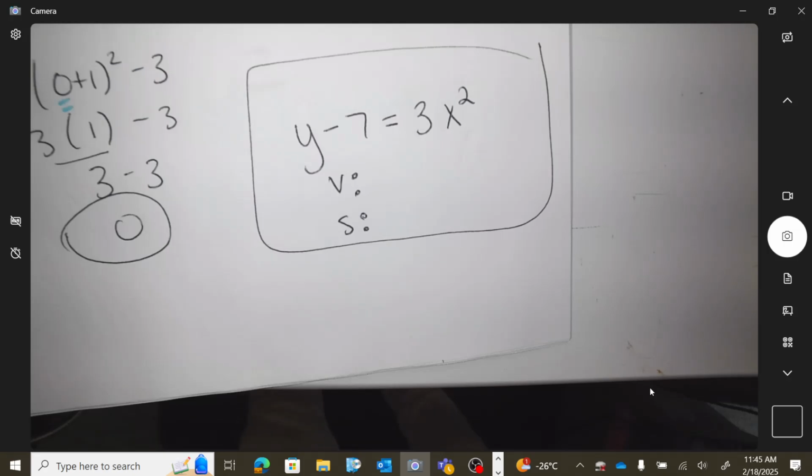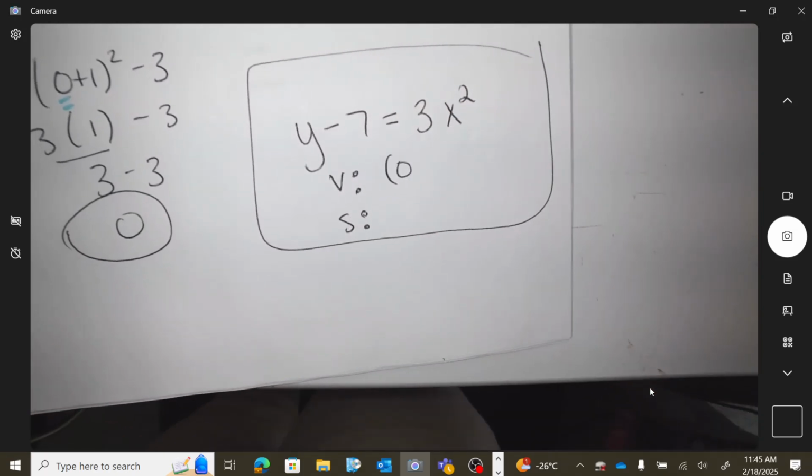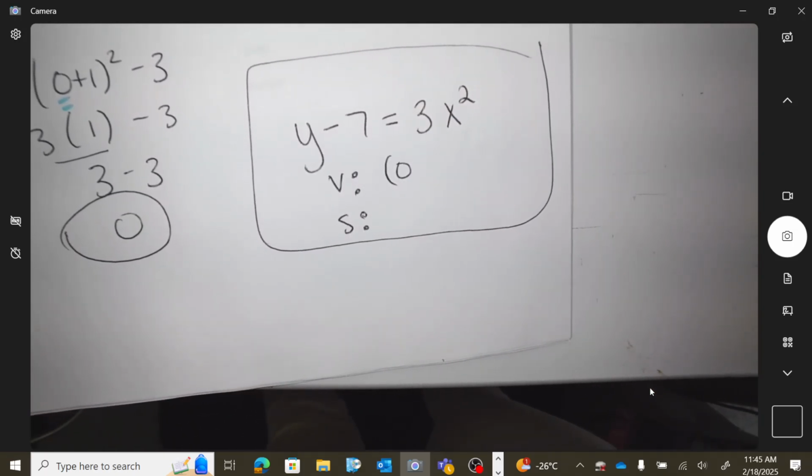Okay, so when you do the vertex, it's always, what's the number in the bracket with the x? Are you probably thinking there isn't one? That is the answer. There isn't one. There's no number in the bracket with the x. So then it's just 0.